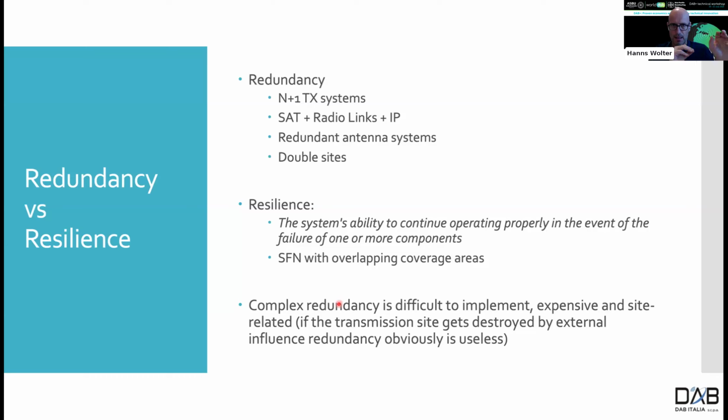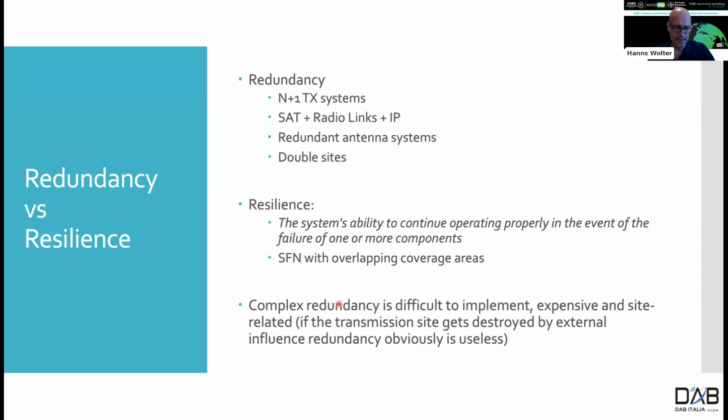What is resilience? Redundancy is when you add layers of protection through hardware. So you have N+1 transmitters, you diversify, for example, the signal distribution, and I think Christian will touch on this later. You can have redundant antenna systems, you can have double sites or double towers.